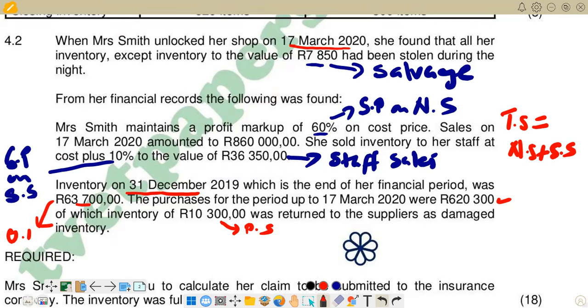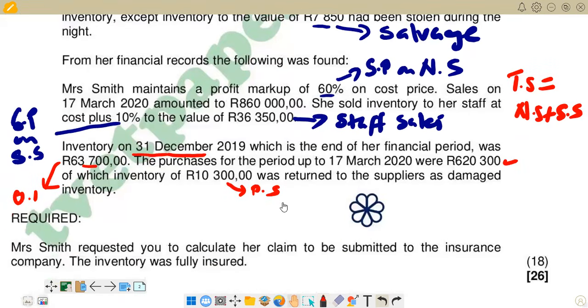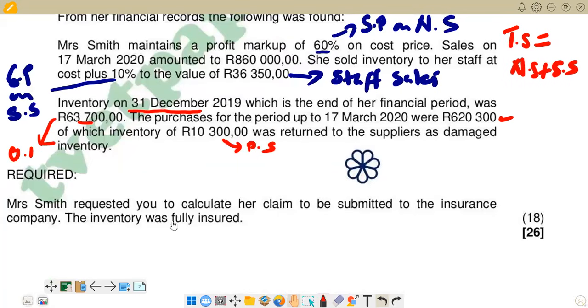Right. Let's go down to see what the question requires us to do. The question is saying Ms. Smith requested you to calculate a claim to be submitted to the insurance company. The inventory was fully insured. So the formula to calculate the claim: this claim is going to be represented by the stock loss.